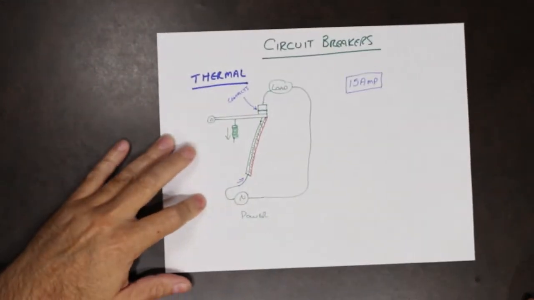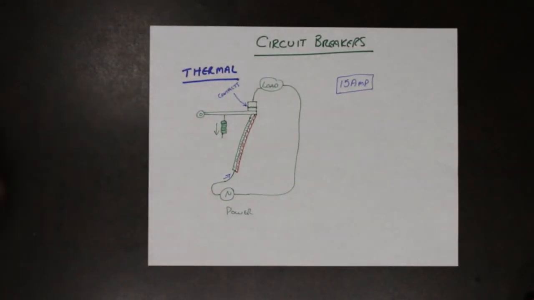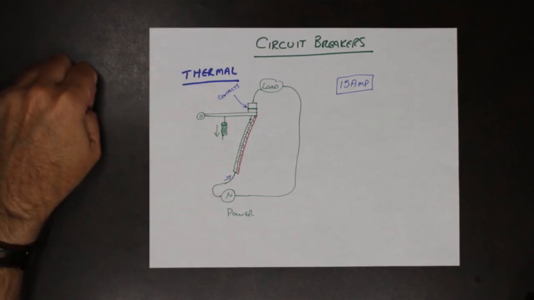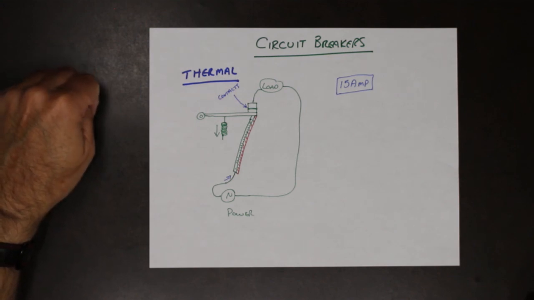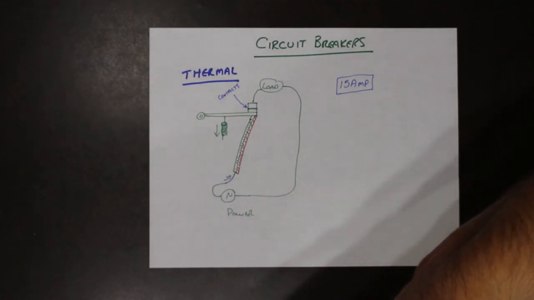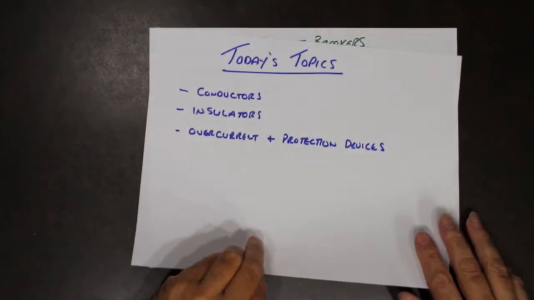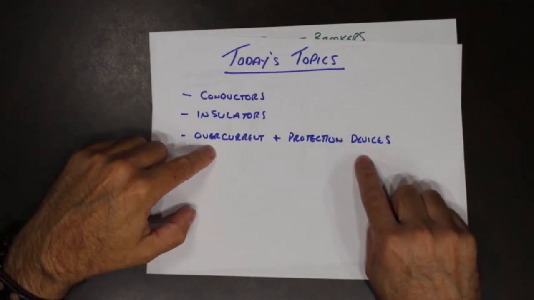So the most common one you're going to find in your house is the thermal. Why? Because it's the cheapest, easy to operate. That's typically what you find in the circuit breakers of your home. So for today, we looked at conductors, insulators, overcurrent protection devices.